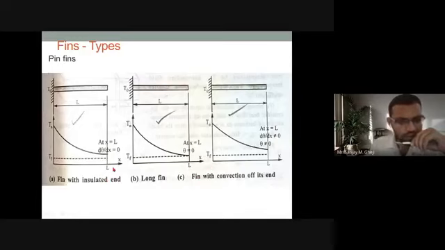So: fin with insulated end, very long fin, fin with convection from its end. These are some of the categories.